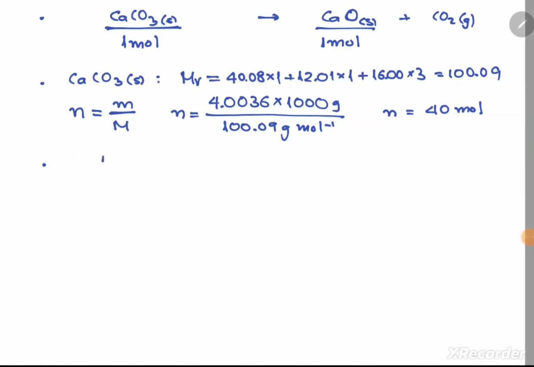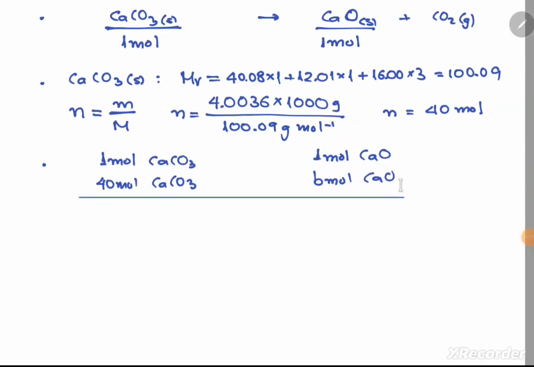We have the stoichiometric calculation. 1 mole of calcium carbonate gives 1 mole of calcium oxide. 40 moles gives some mole calcium oxide.